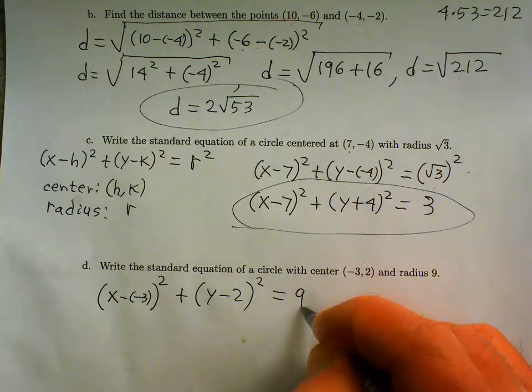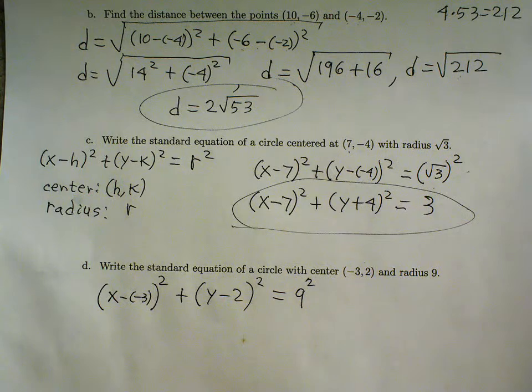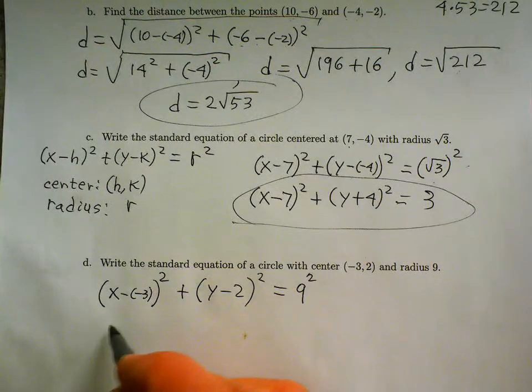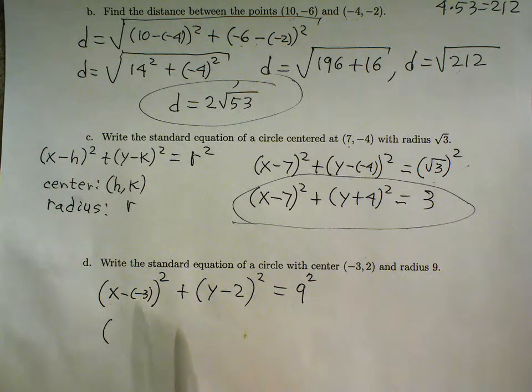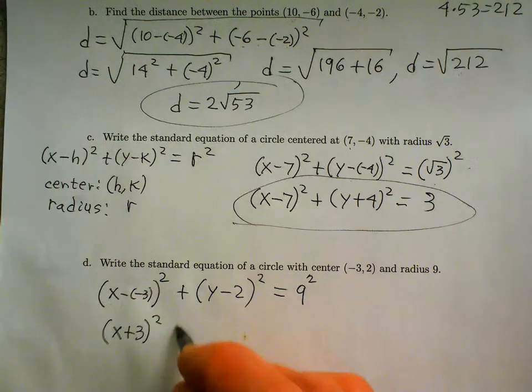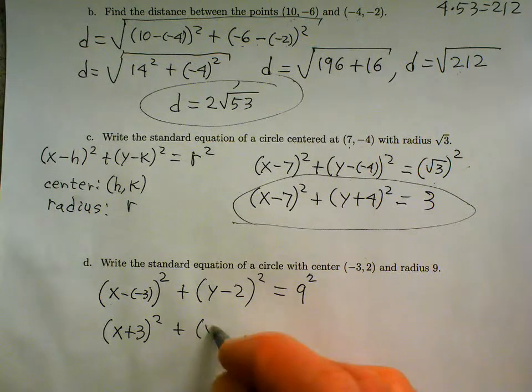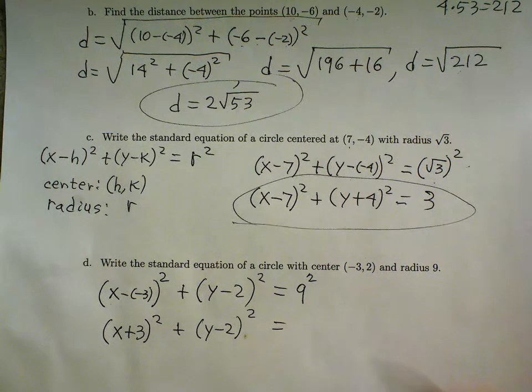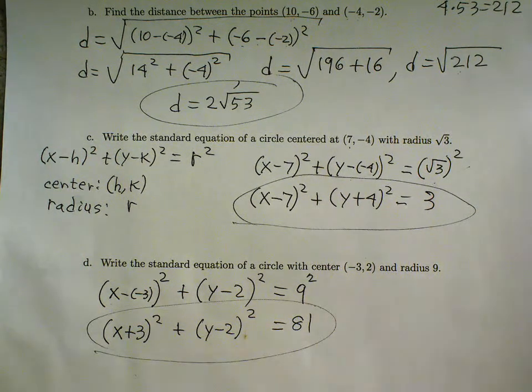The radius is 9, so we square the radius. And then in the next step, we just simplify a little bit. Instead of x minus -3, we simplify that to x plus 3 quantity squared. And the y minus 2 squared stays the way it is. And then 9 squared is 81. So here is the standard equation for that circle.